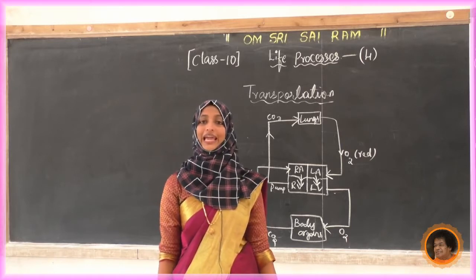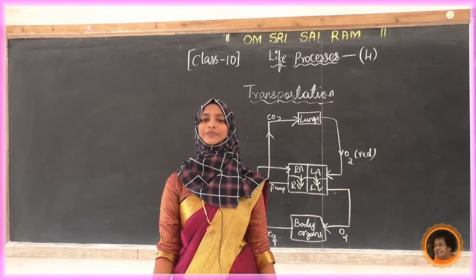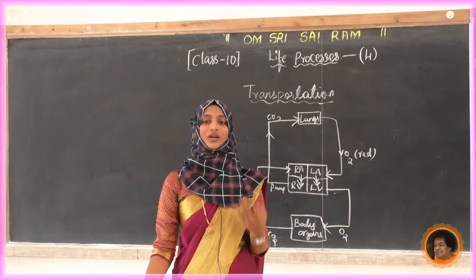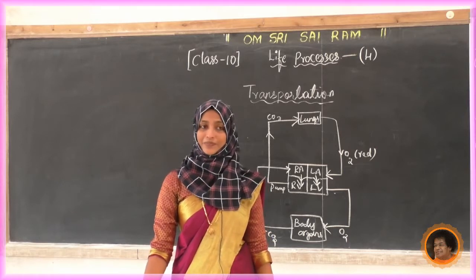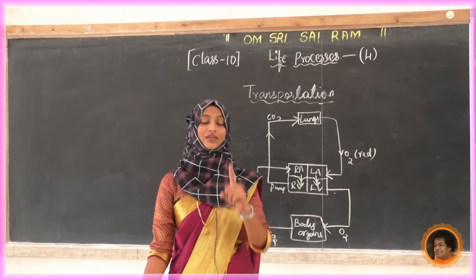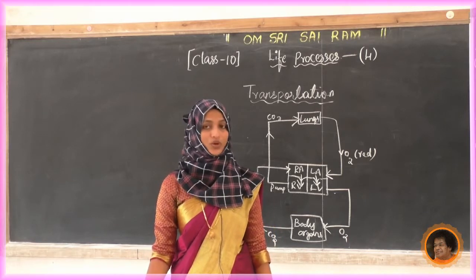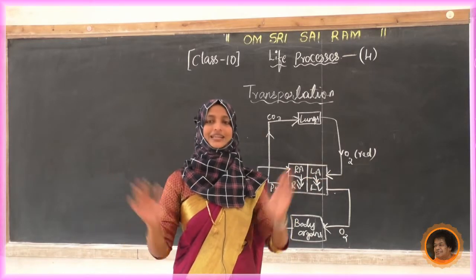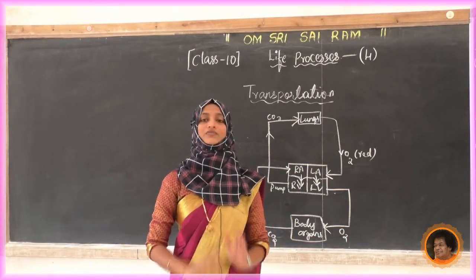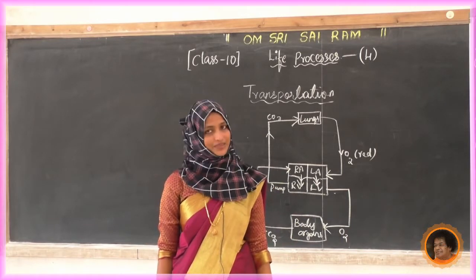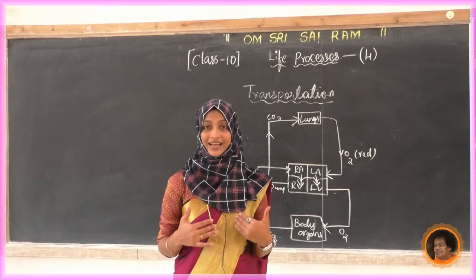What about aves? What about reptiles? Aves are 4 chambered like us only. What about reptiles? Reptiles have how many chambers? 3 chambers. Only crocodile is an exception, that is 4. But in reptiles, there are 2 atriums, left and right, but only 1 ventricle. There is a chance of mixing because they are cold-blooded animals.